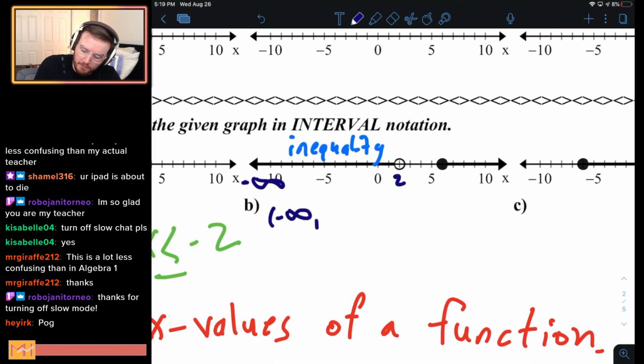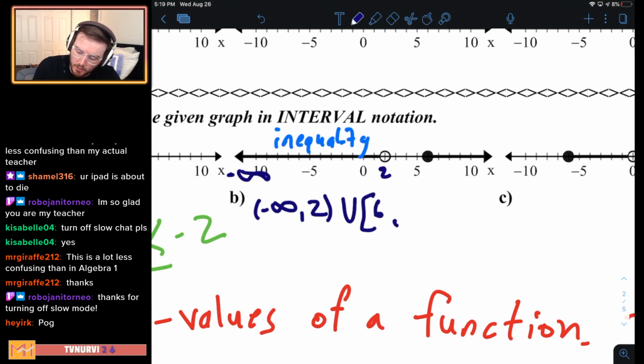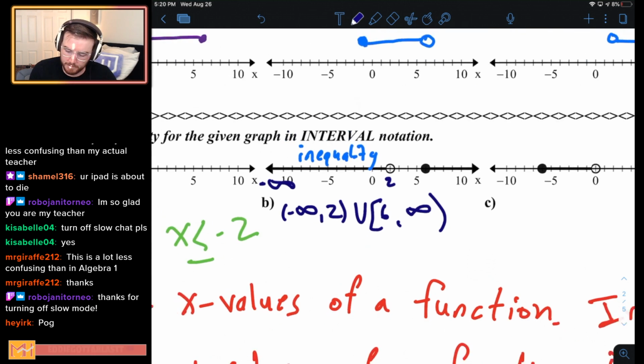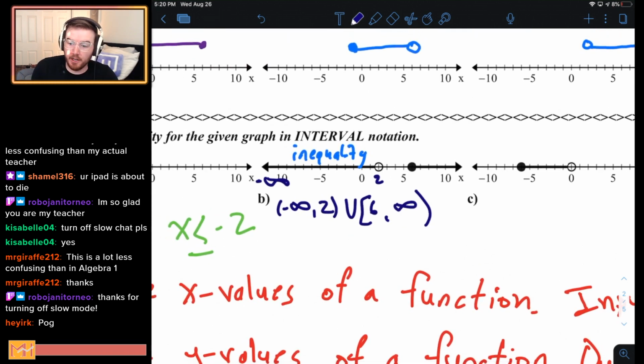So negative infinity all the way to 2, but that open circle means we're not including it, so I'm using the parenthesis, and then union that together with where we're starting at 6 and going off into infinity. With our inequalities, we would write something like this. We're less than 2 or we're greater than, whoops, I need to write x though, or we're greater than 6.